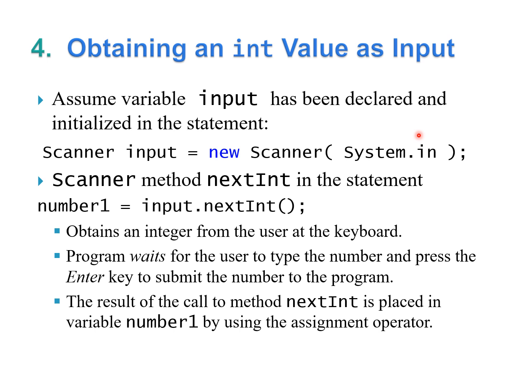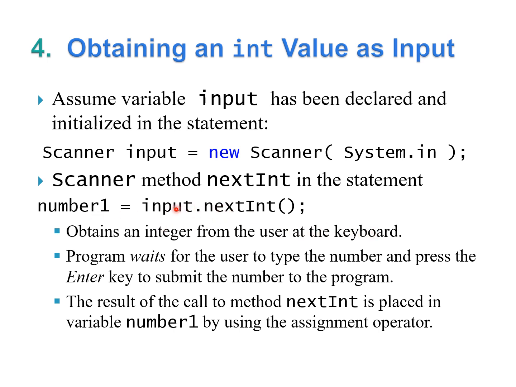Then we can call the method nextInt of the Scanner object by using the expression input.nextInt() with open and close parentheses. So this expression is the call to the method nextInt of the Scanner object that is stored in the variable input. So this assignment statement obtains an integer from the user at the keyboard.